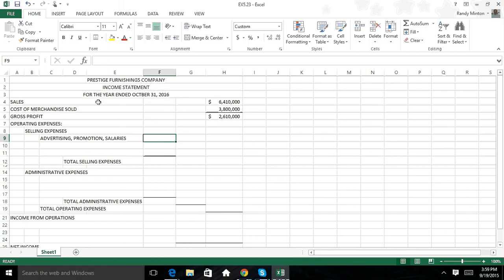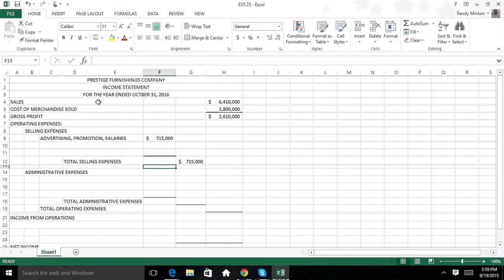They didn't give us any of those details, but I just want to put them in there so I don't just turn around and type the words selling expenses again. $715,000, and they don't give us any other selling expenses, so those are the total selling expenses associated with this.